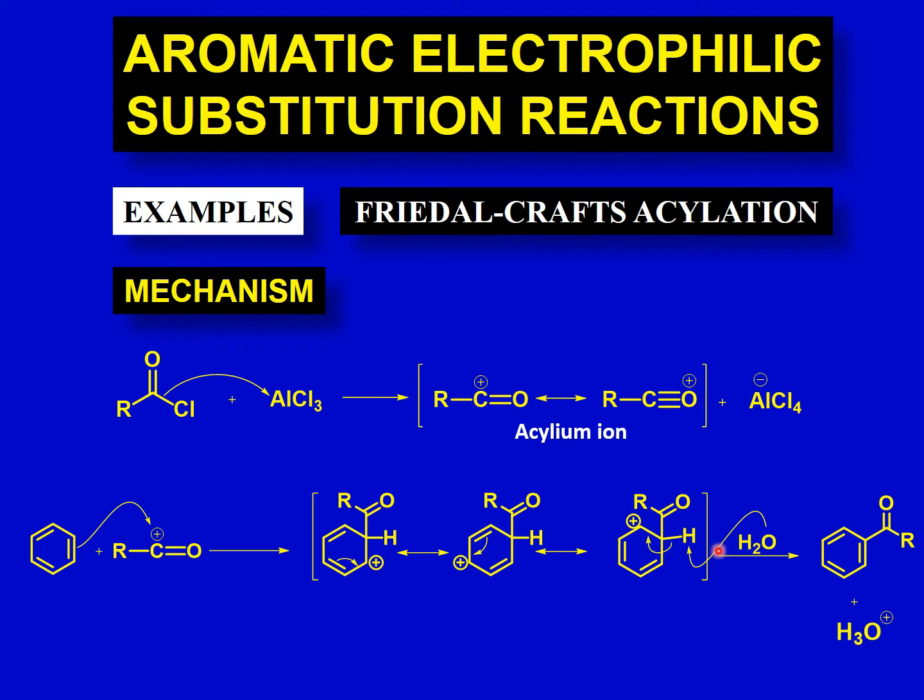Finally, water is added, which acts as a base to abstract this proton, restoring aromaticity, and the final product, a ketone, is formed along with a hydronium ion. The hydronium ion then reacts with this AlCl4 minus to form aluminium chloride and water. So aluminium chloride is regenerated at the end, which means it acts as a catalyst in this reaction.